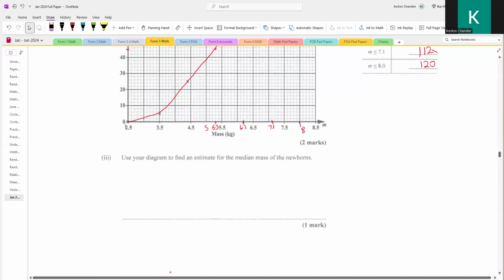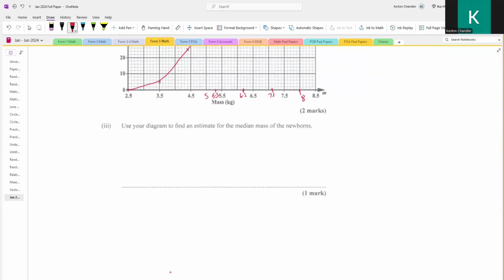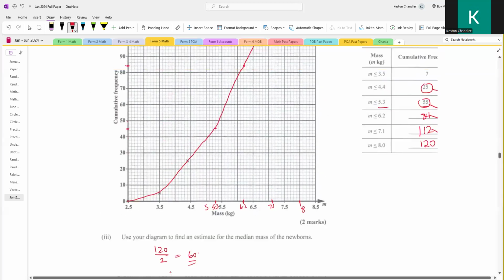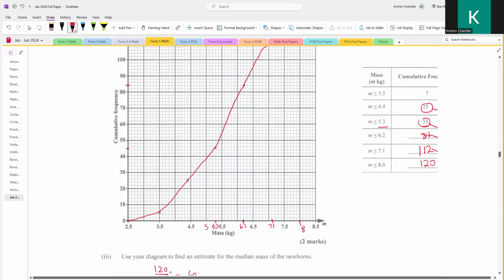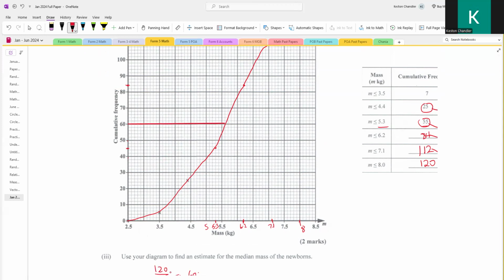So 120 divided by 2 means that we're talking about the 60th position. Where's 60? 60 is here. And we draw a line coming down now. So that's roughly 5.6.